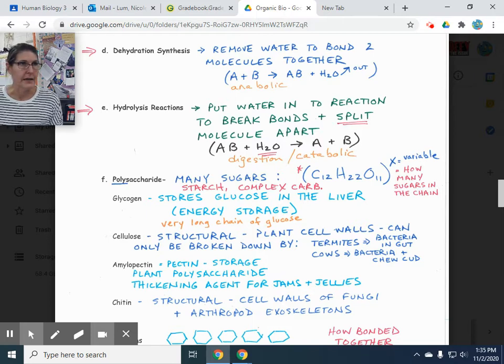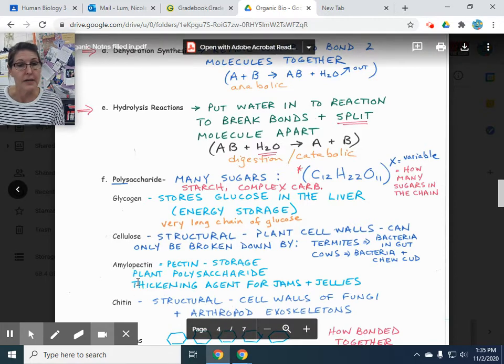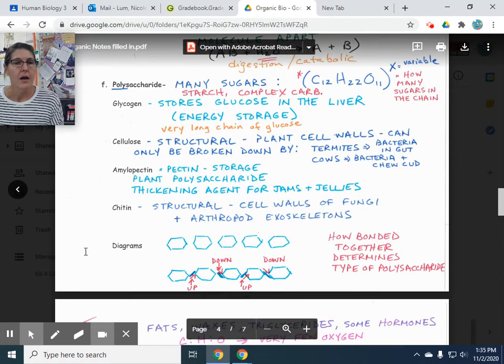If you have a parent or a grandparent that does canning of jams and jellies, and they take all the fruits and they're cooking them and mashing them all together, they need to add this amyopectin to make it kind of a thickening agent, to make it this jam and jelly consistency before they finish the canning process. So you can actually purchase that in the store to add to the fruits that you want to make into jams and jelly.